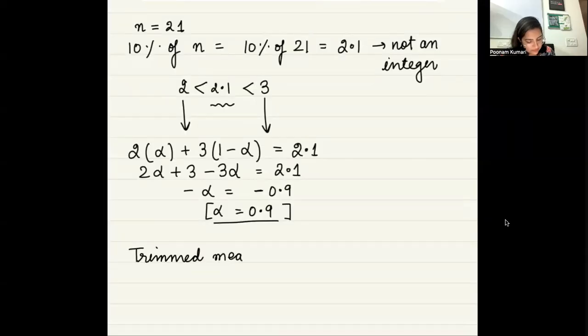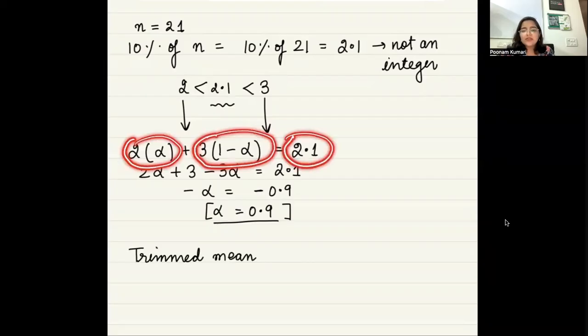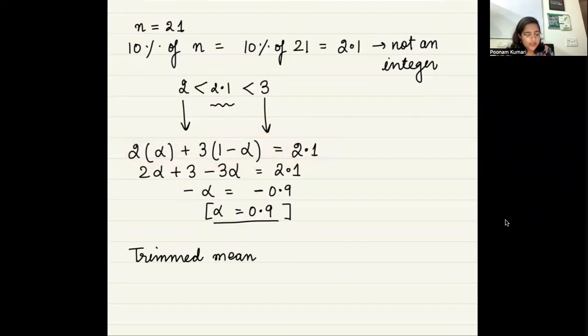When you give 90% weight to 2 and 10% weight to 3, you get 2.1, right? So alpha 0.9 means I'm giving 90% weightage here and 10% weightage here.